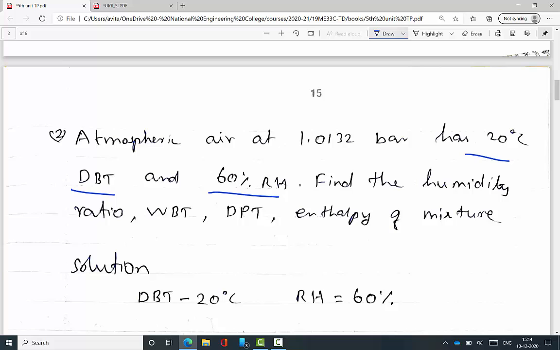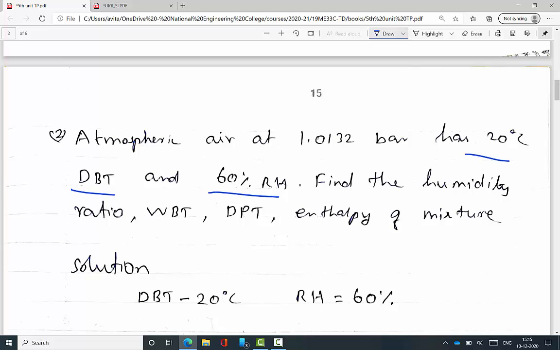Find the humidity ratio, which is nothing but omega, specific humidity, wet bulb temperature, dew point temperature, and enthalpy of the mixture. This is also a very easy problem.